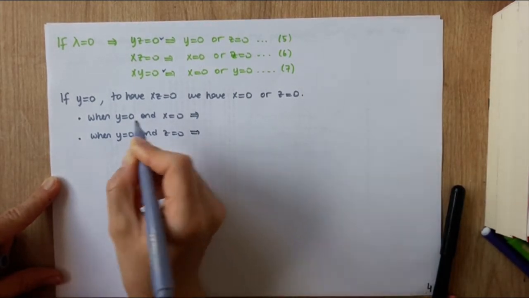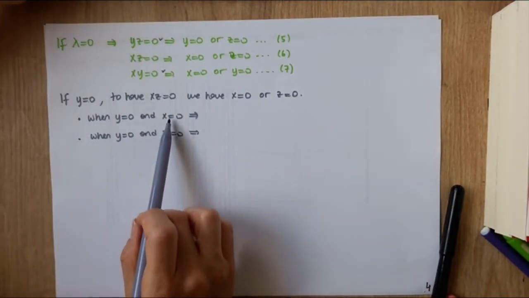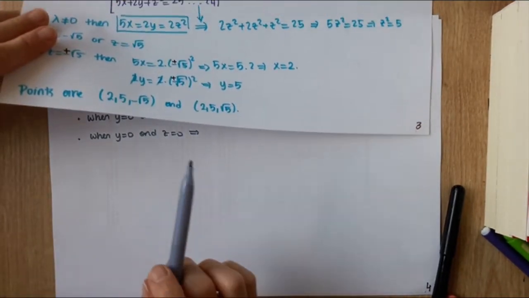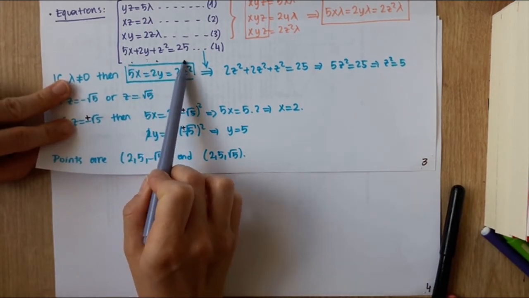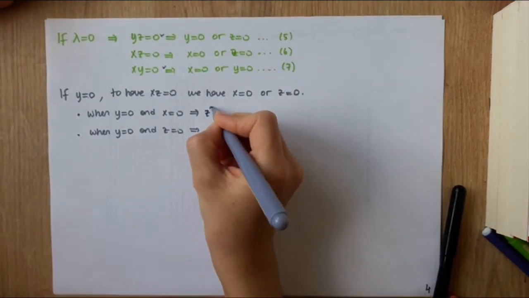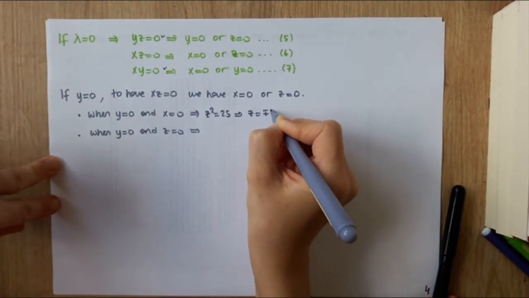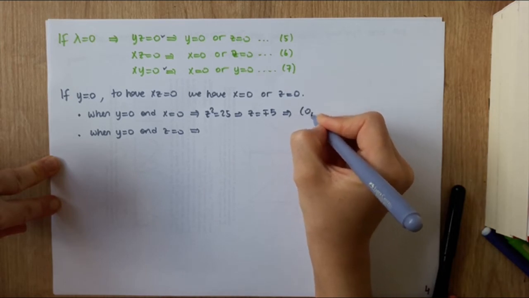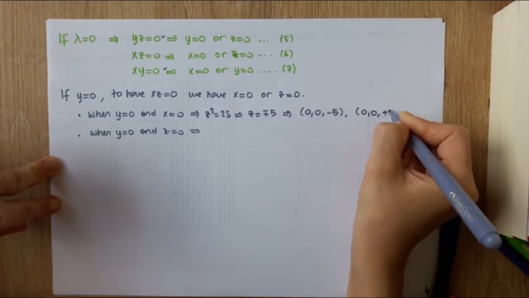In this case we don't know z, and in this case we don't know x. If x and y are 0 at the same time, z squared is 25. So z is minus or plus 5, and the points are 0, 0, minus 5 and 0, 0, plus 5.